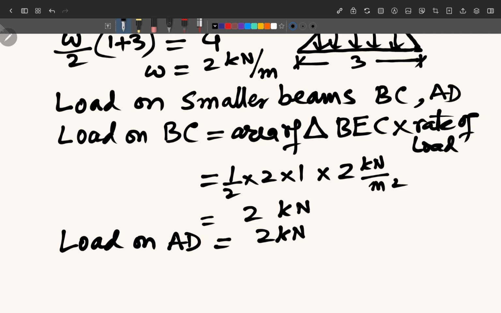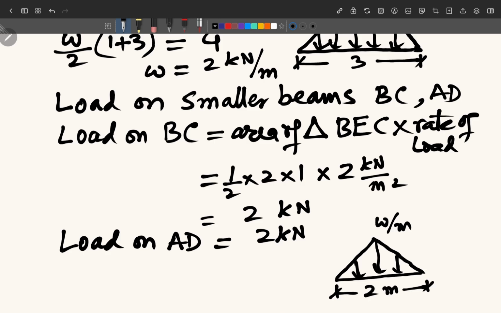Now if you want to calculate the intensity of loading on this beam, as we have done in that case, suppose this is W per meter, here you have 2 meter, right? So we will write the same thing, the area of the load diagram equal to the total load. The area of this load diagram is equal to W by 2 into, so half base into height, so base is 2.